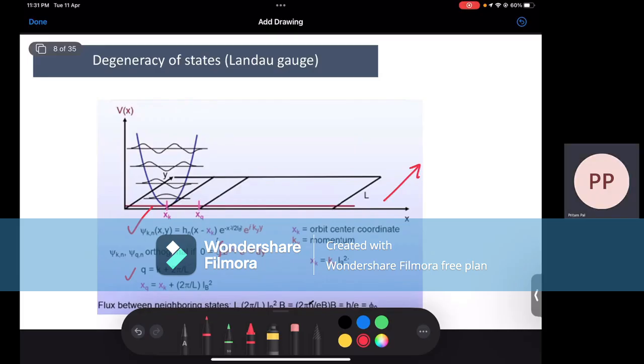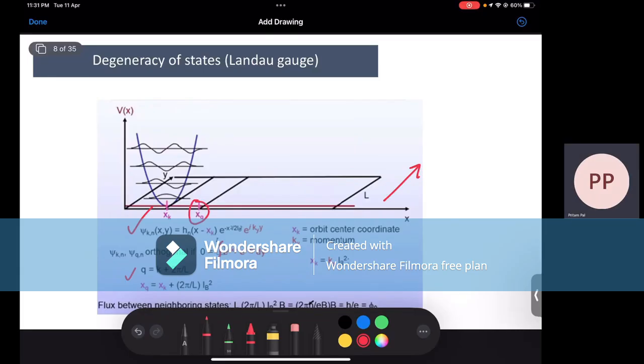So if this is the orbit center, and this is an orbit, you can imagine the other orbit at x of q will be centered like this, at this position.